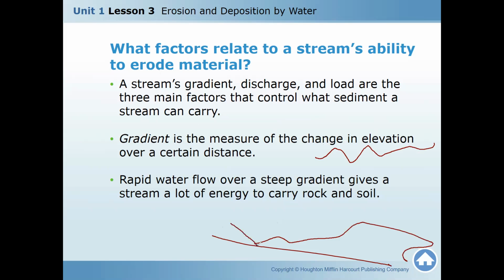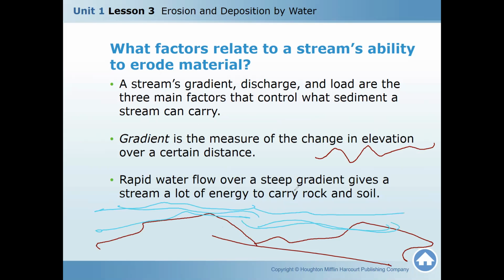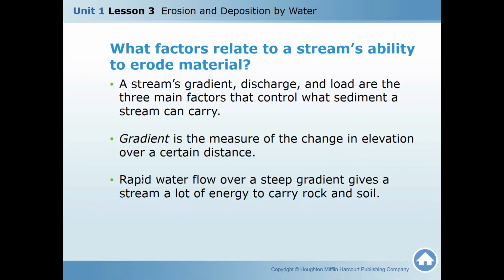It's somewhere very high, it comes down, and then over that the water is flowing. So what is this gradient? Gradient is a factor that we measure, how much is the elevation over a certain distance. This is called the gradient.